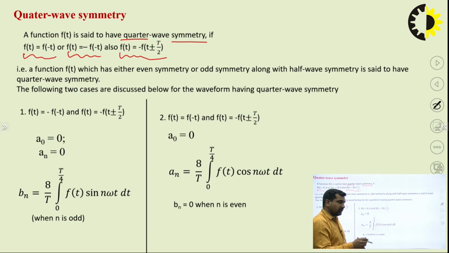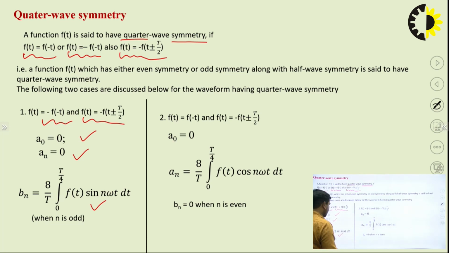It means that the function must have at least even or odd symmetry along with half wave symmetry, and that becomes quarter wave symmetry. So when we consider odd and half wave, in that case a0 becomes 0 and an becomes 0, and the value of bn becomes 8 upon T, integral from 0 to T/4 of f(t) sin(n omega t) dt, when n is odd.